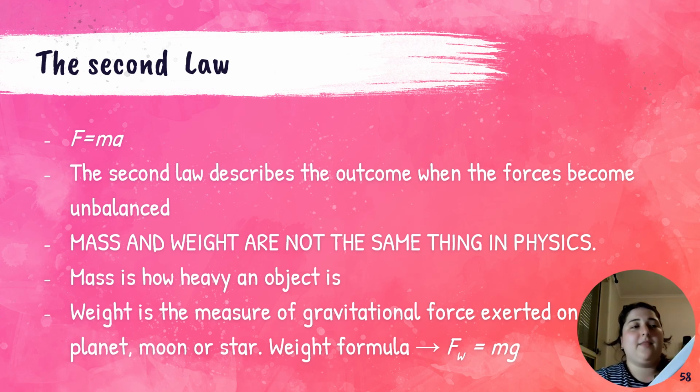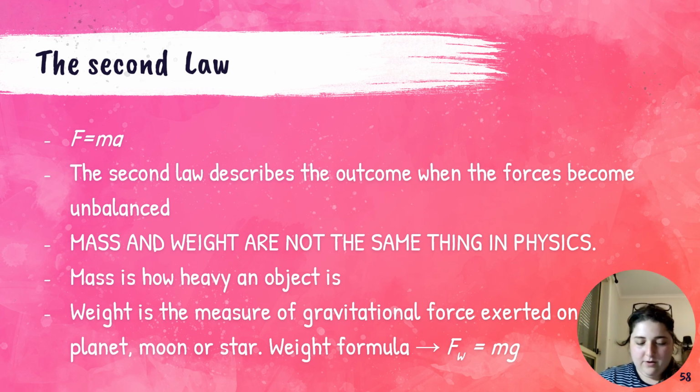You know that? And let's say we had something that was, oops, that is not correct. That was 98 newtons. The unit for force is newtons. Okay? And we wanted to find out what its mass was. Mass unknown. So we go F equals ma.